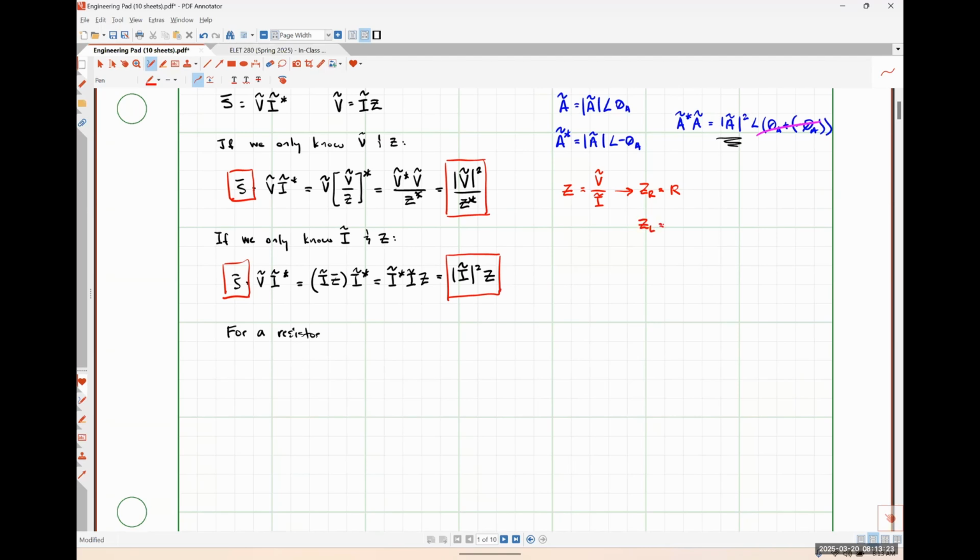Inductors have an impedance of j omega L. Does that sound familiar?